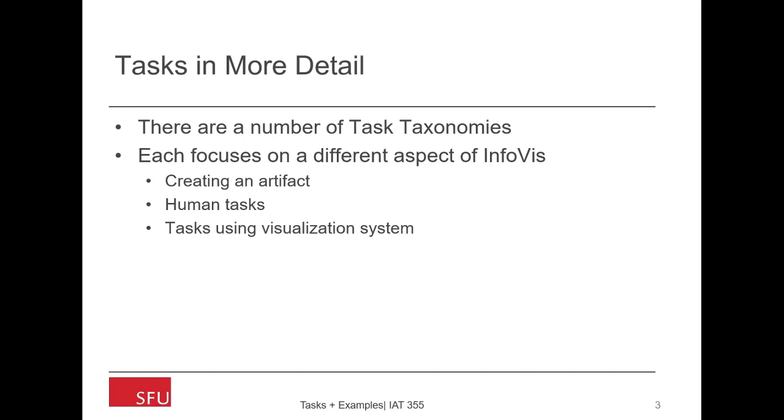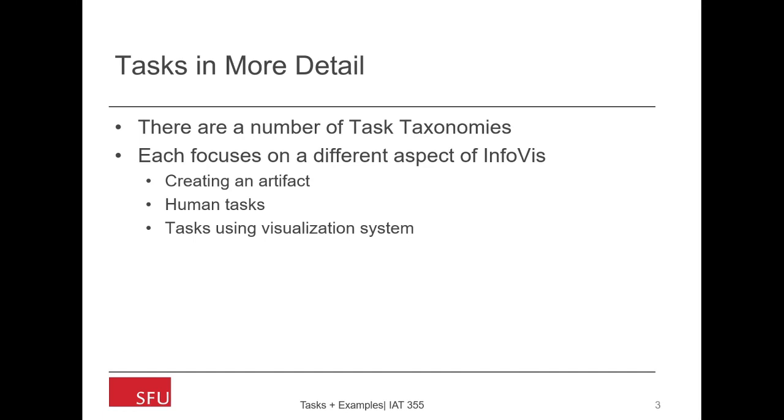So what we're going to talk about is a task taxonomy, an organizational set of ideas as to what kind of tools visualization systems ought to provide. Each of the taxonomies that have been published focuses on a different aspect of InfoVis and visual analytics. One focus is creating an artifact.